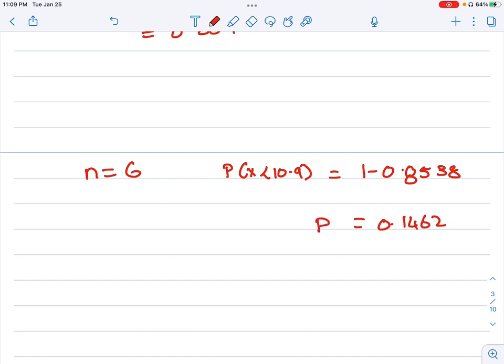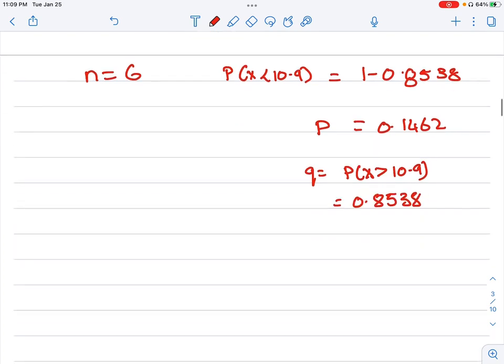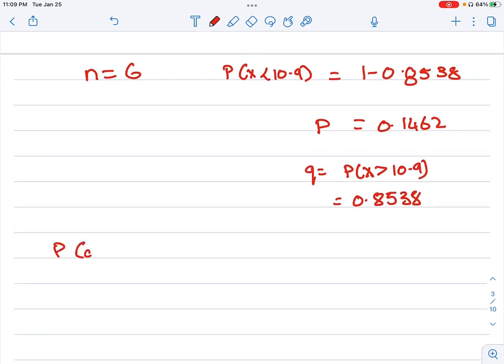This value will be the success. So failure will be greater than 10.9, which is 0.8538. Now he's asking at least 2.